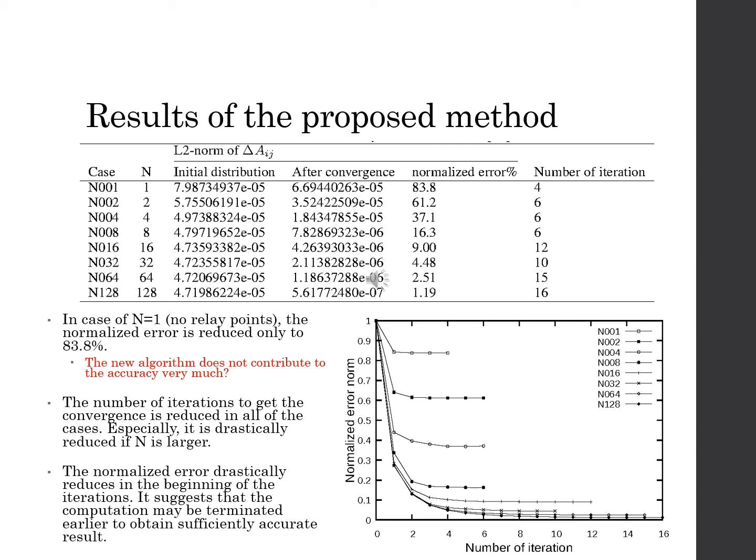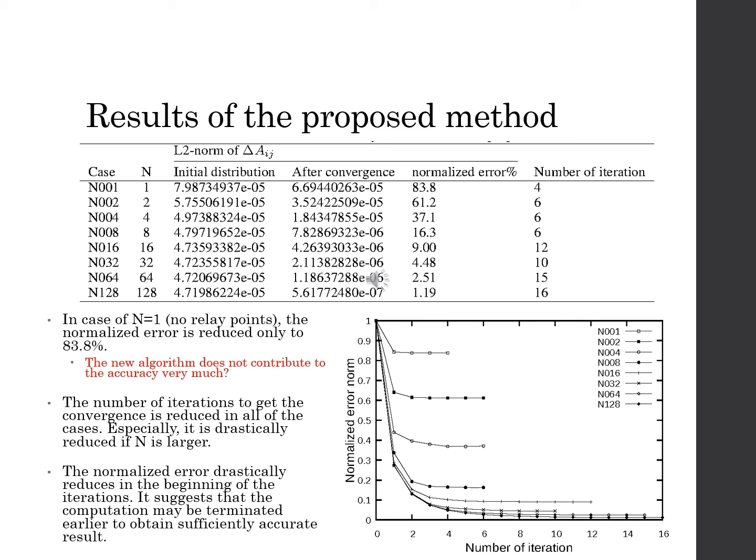The normalized error is very similar to SIRT, so it suggests that the improvement of the algorithm of the AET doesn't contribute to the accuracy itself. Indeed, if n is 128, the normalized error is slightly smaller than in the previous examples, but I'm not sure whether it's caused by the improvement of the algorithm or just a kind of error.